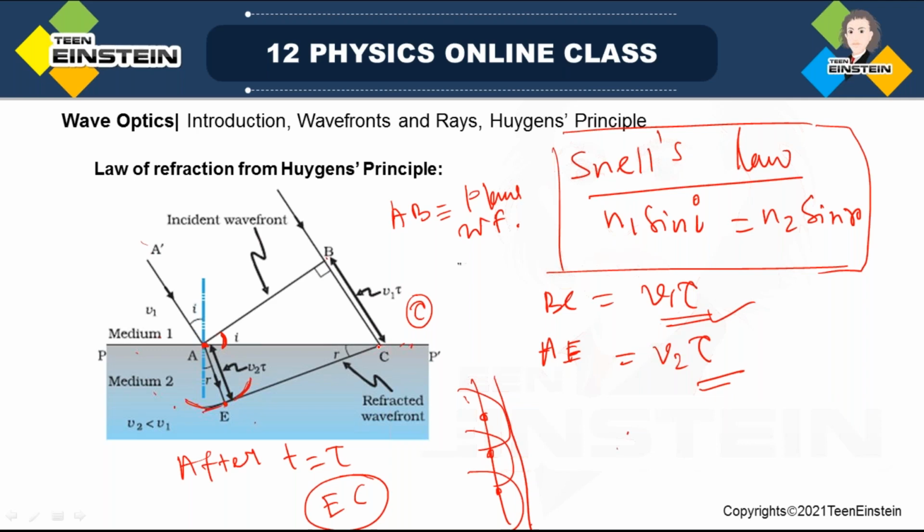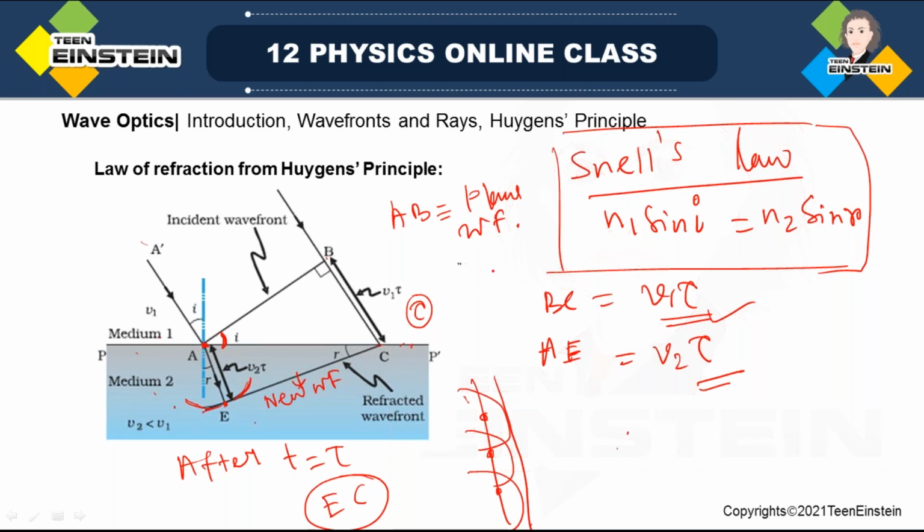Now what you have to take? You have to take the common tangent. So you just draw a tangent from C to E on this spherical surface, and that's how you get EC as the plane wave. So EC is the new wavefront.